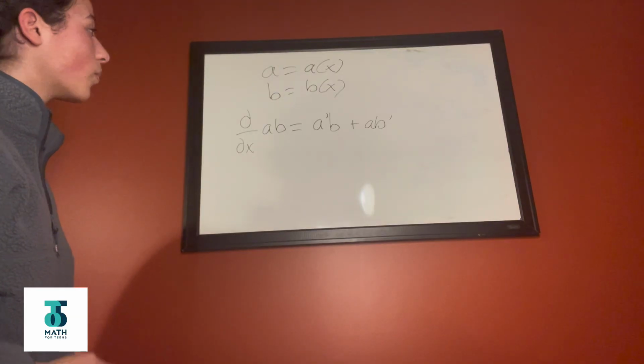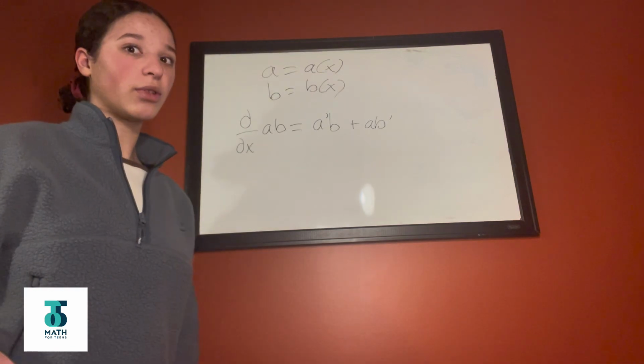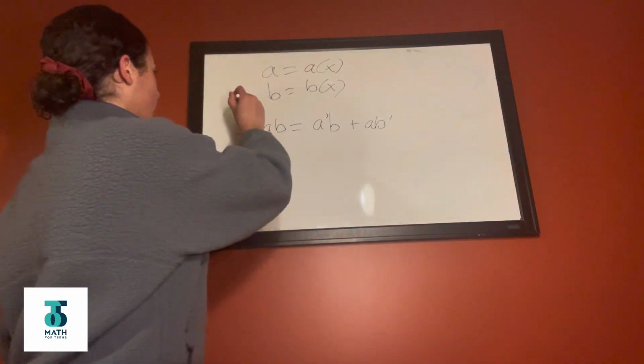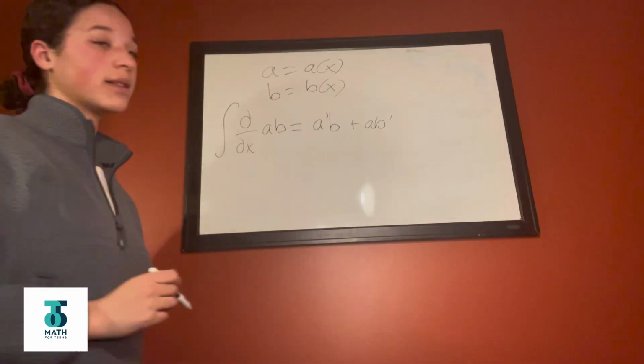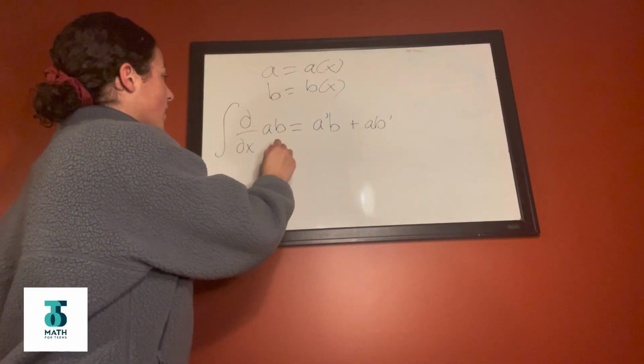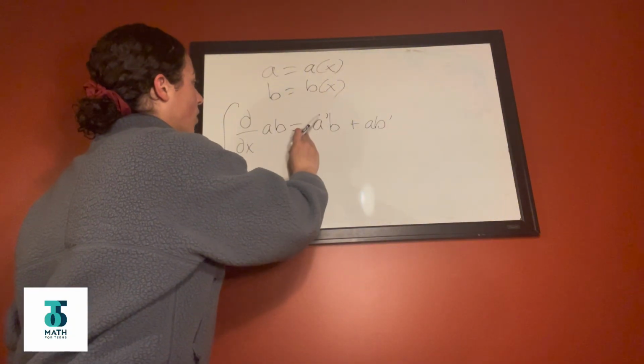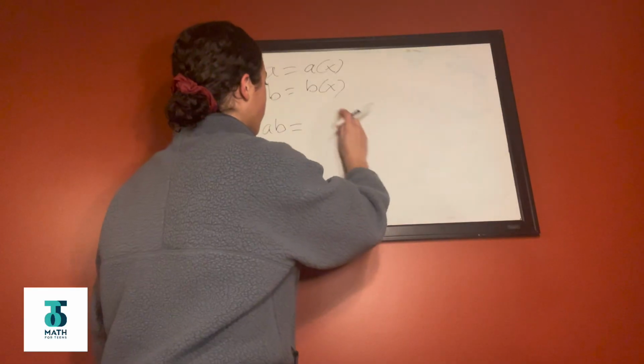And now we integrate. So now I say, okay, now I want to take the integral of this derivative. What you do on one side, you do on both sides. Taking the integral of this derivative is analogous to taking the integral of all of this. So I'm just going to rewrite it so I can do it cleanly.